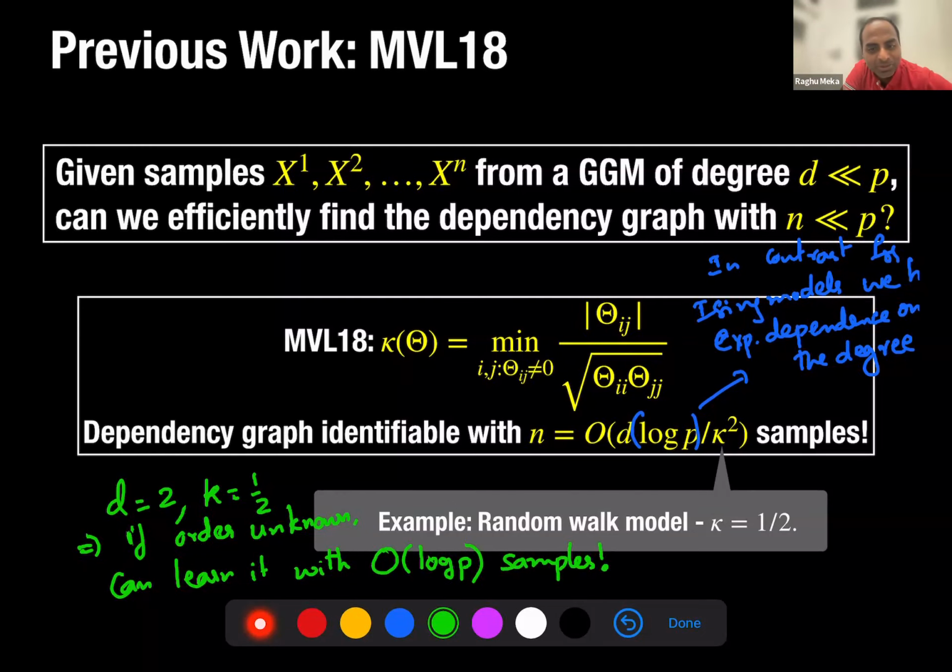Isn't that amazing? If someone gave you time series data and you somehow jumbled up the order, you can recover the order with only log p many samples. If you have 1,000 dimensions, you need maybe 10 or 20 examples. If you have a million, you still need maybe 30 examples.